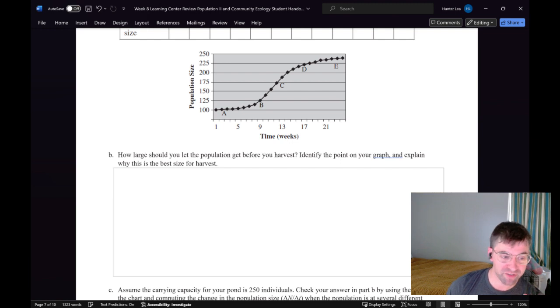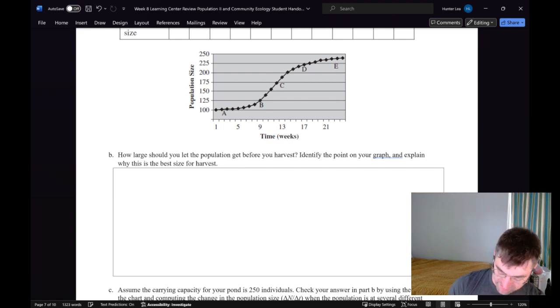So the rate of population growth will be fastest at the point on the curve where the slope is the steepest. So this S curve is your logistic growth pattern as opposed to exponential, right? So at this point where the slope is the steepest, our growth is the fastest.